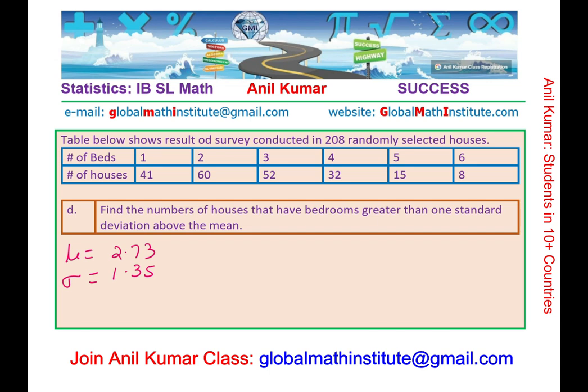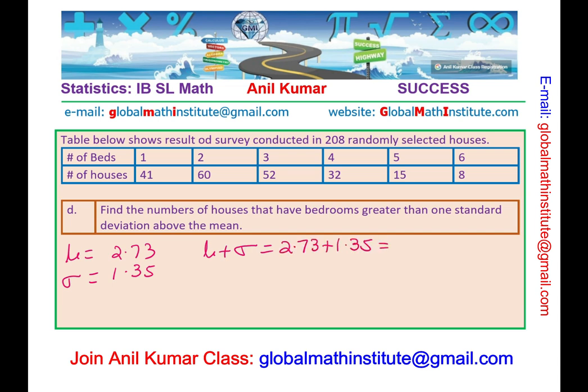So basically, if I want to go more than this, what is mu plus sigma? It is 2.73 plus 1.35, and that gives us 4.08.